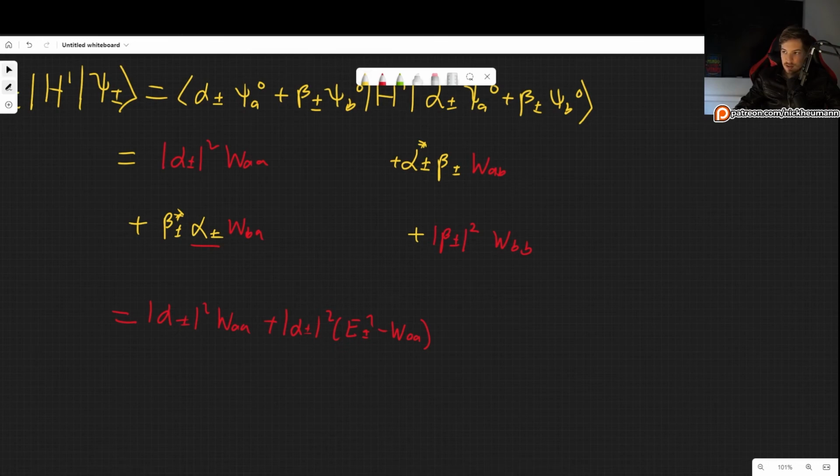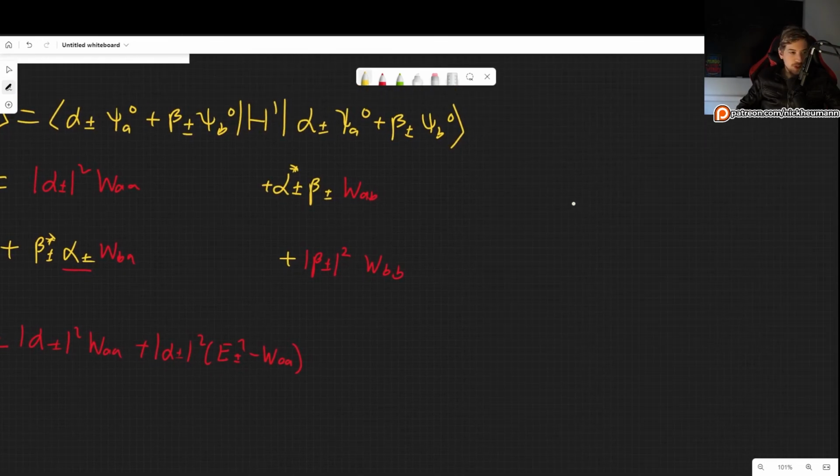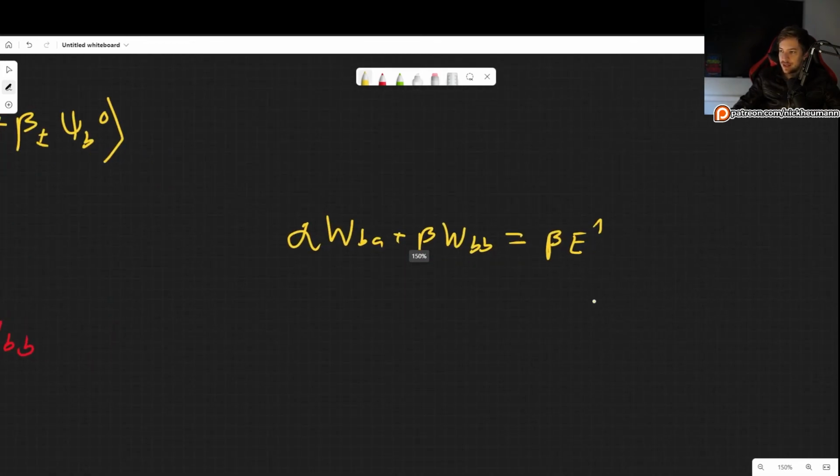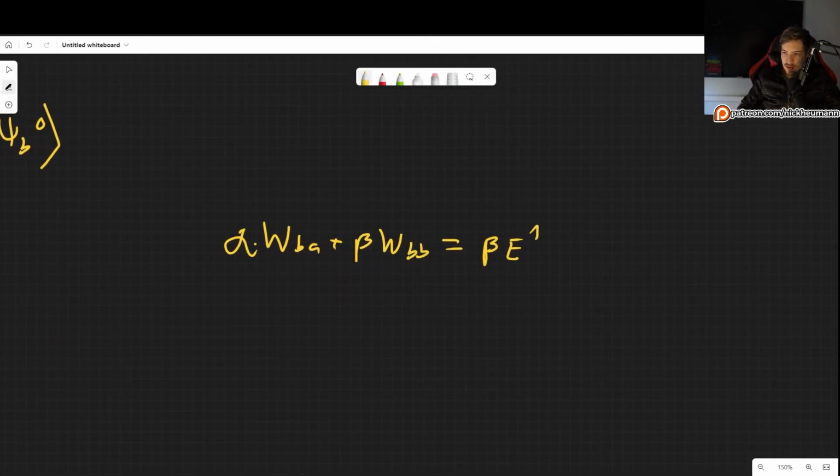Now let me show you. It is right here. So we know that, similar to before, alpha WBA plus beta WBB is equal to beta E1. This is, of course, valid for both the plus and the minus cases. So this is alpha plus minus, beta plus minus, beta plus minus, E plus minus. So from here, we can easily find what alpha is in terms of beta.